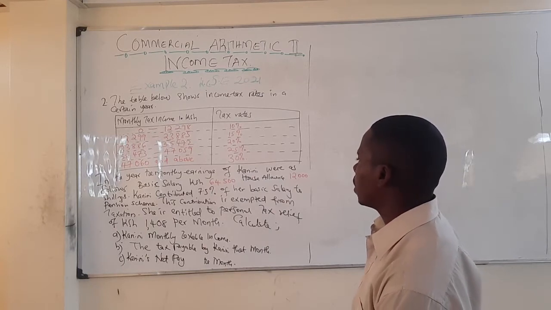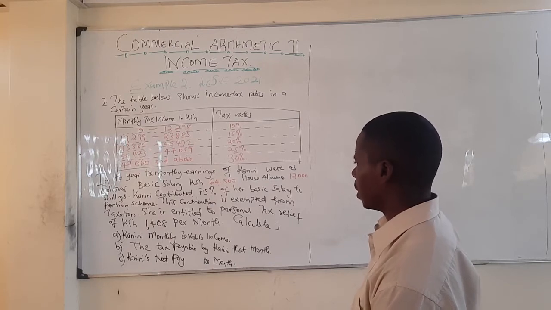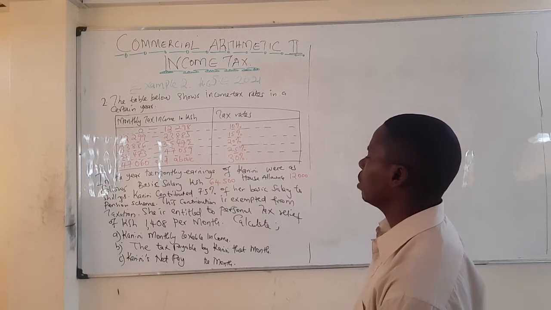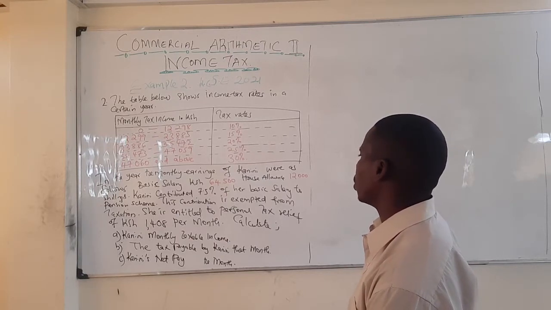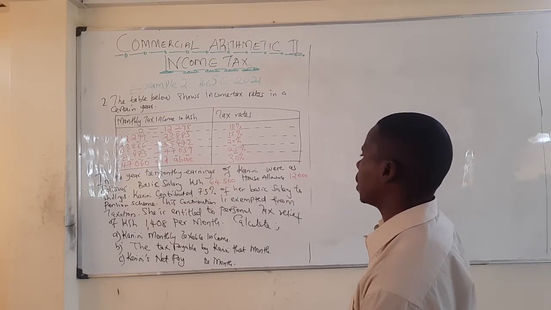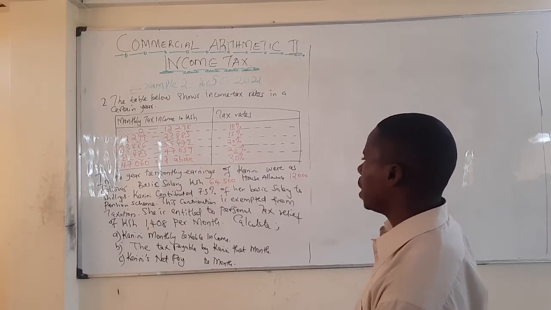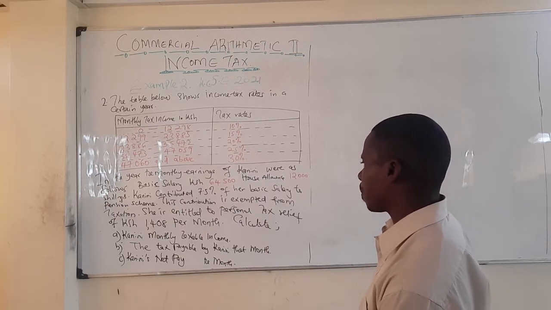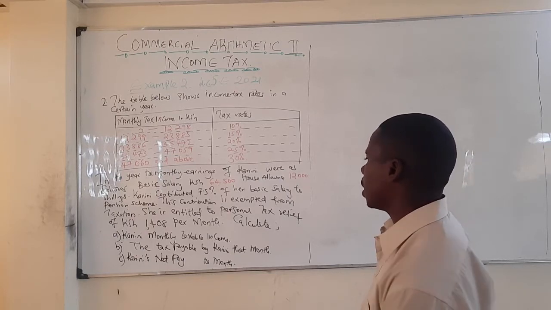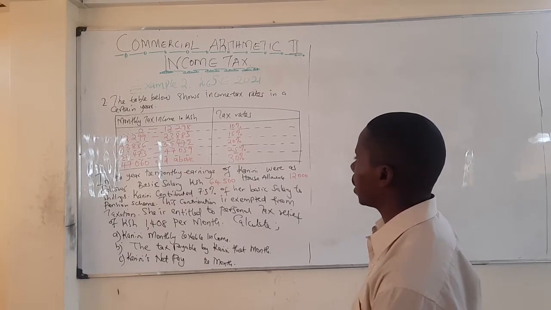Kanini contributed 7.5% of her basic salary to a pension scheme. This contribution is exempted from taxation. She is entitled to a personal tax relief of Kenya shillings 1,408 per month. Calculate: A, Kanini's monthly taxable income; B, the tax payable by Kanini that month; and C, Kanini's net pay a month.